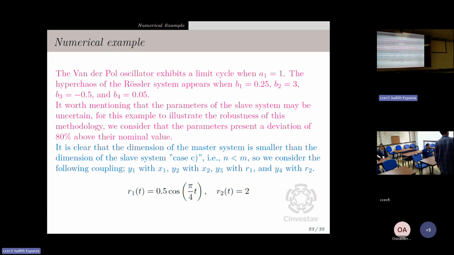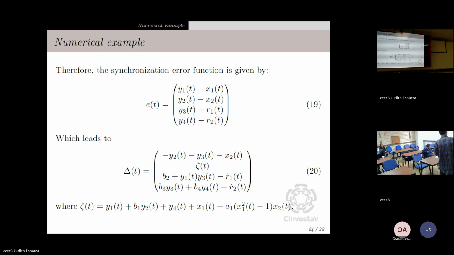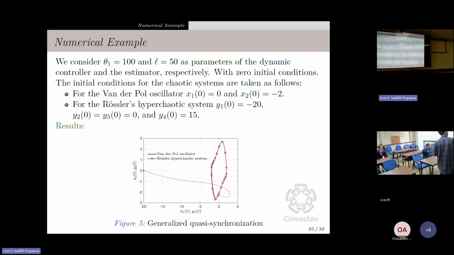The parameters may be uncertain and may have some disturbance. For the desired function, we have more slave variables than master variables. The error function, the variable delta, and the parameterization have only 2 constants, theta 1 and L.